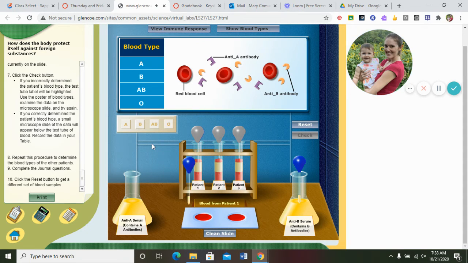So I'm going to add anti-A serum, which contains A antibodies, and I'm going to add anti-B serum, which contains B antibodies. So we're looking at that, and we can see that it is clumping with the anti-A serum, and it's not clumping with the anti-B serum.